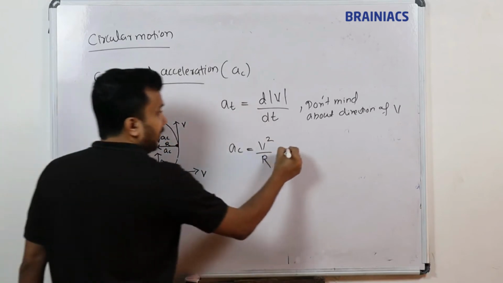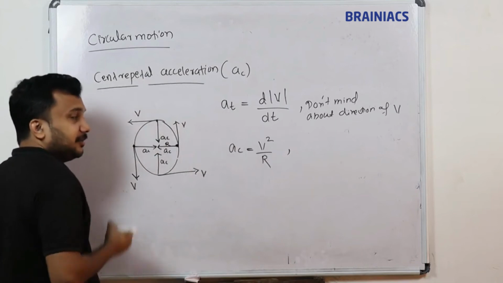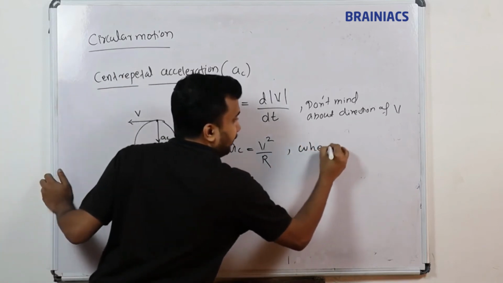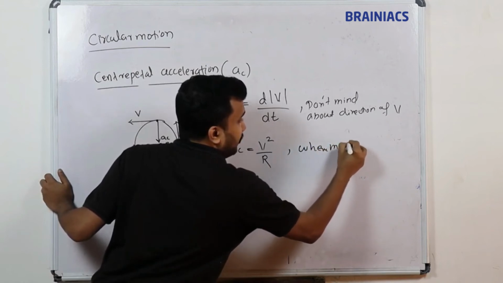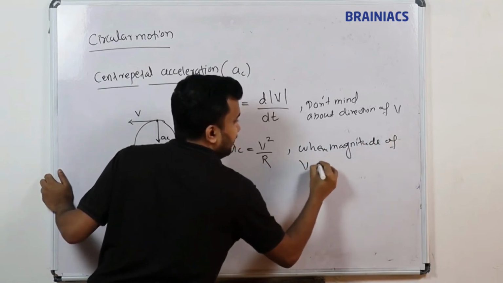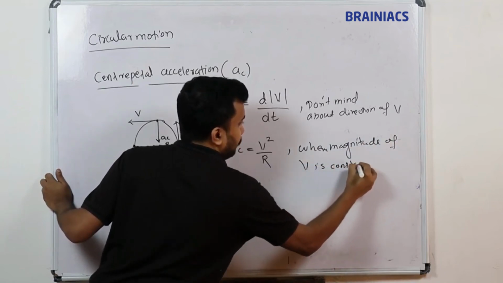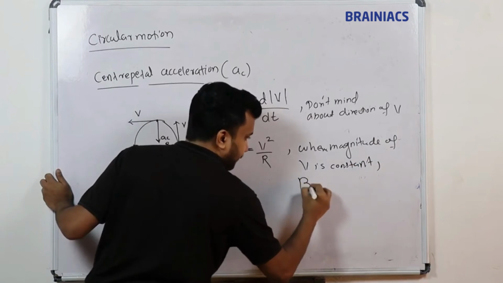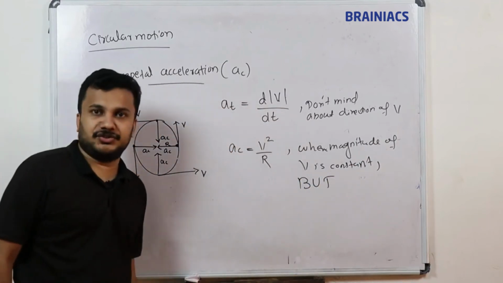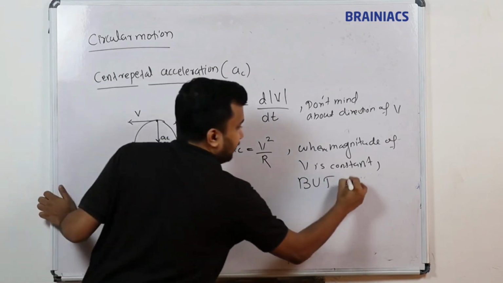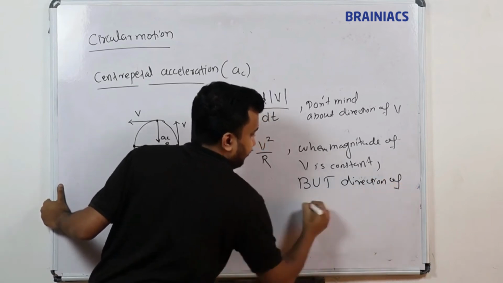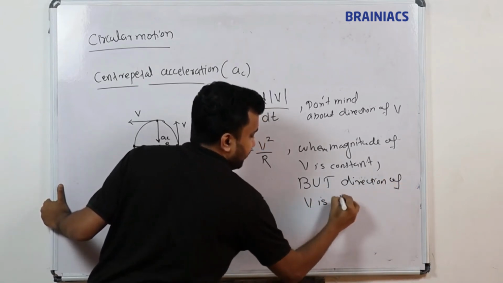Centripetal acceleration can be used in a circular motion where the magnitude of v is constant, but the direction of v is changing.